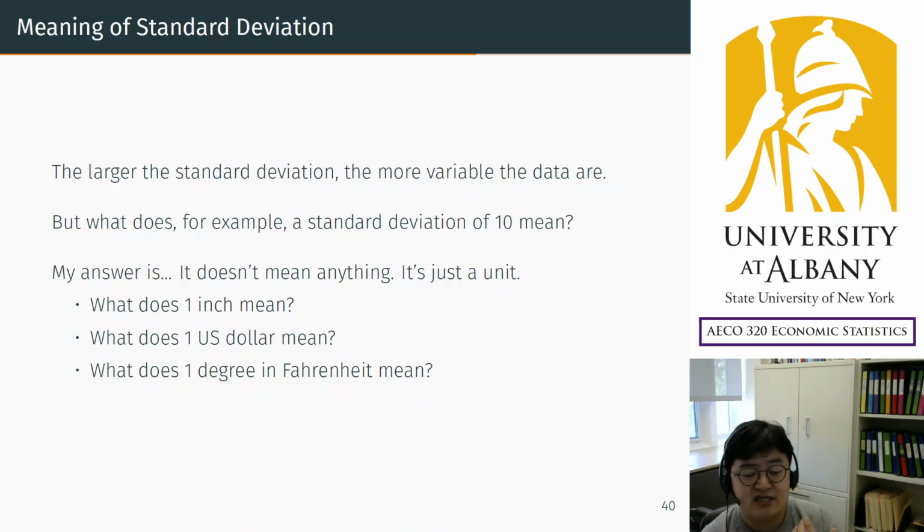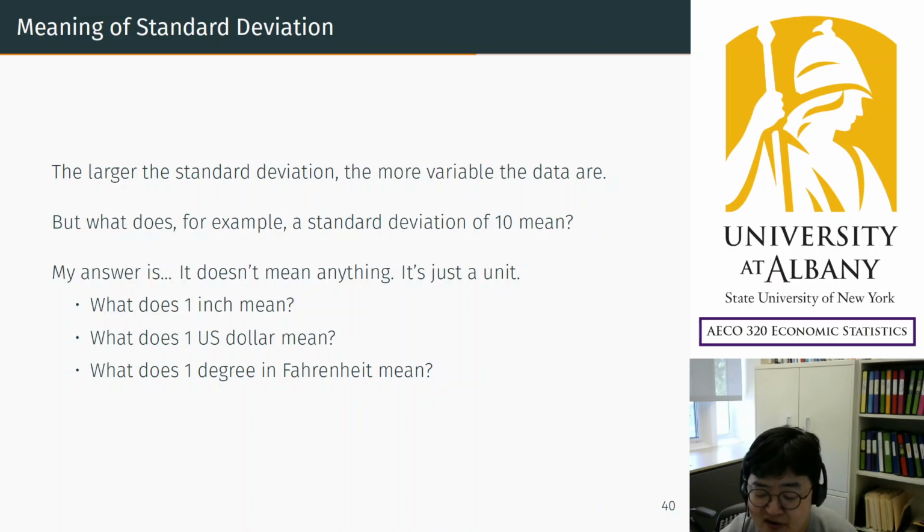When I say expected return is $6, then you can intuitively understand the meaning of that. I don't need any explanation. But when I say standard deviation is $12, it's not intuitively understood. Actually, me either. I don't know how volatile the investment would be. So then my answer to this question is, it means nothing.